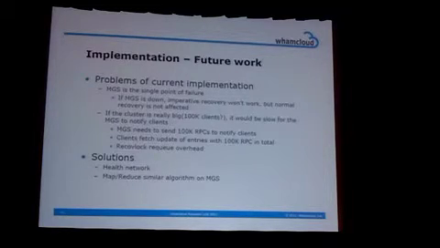Okay, so we have solutions, of course. For example, as Eric Barton just presented, Health Network is a good solution for the scalability problem. And also, we can have a MapReduce algorithm on the MGS. So this is great. Let's take a look at it.